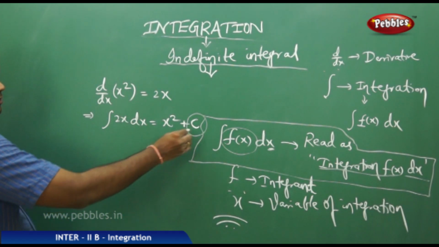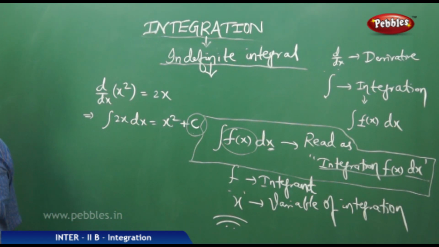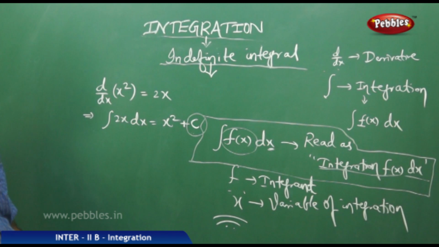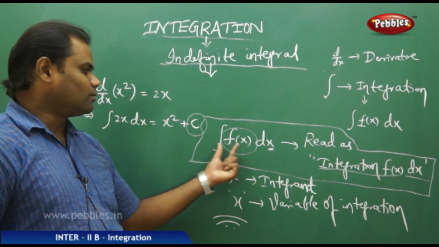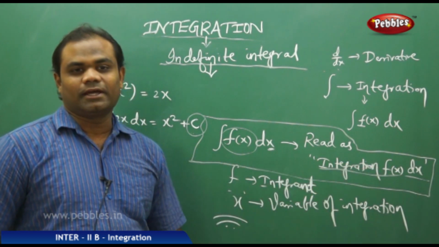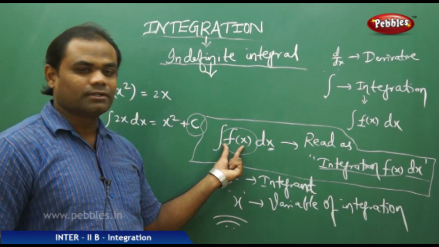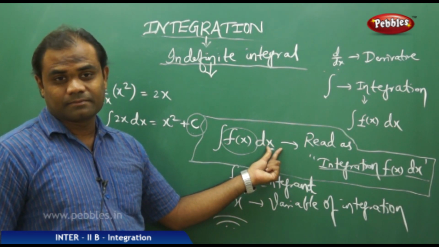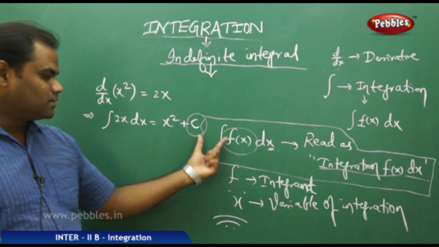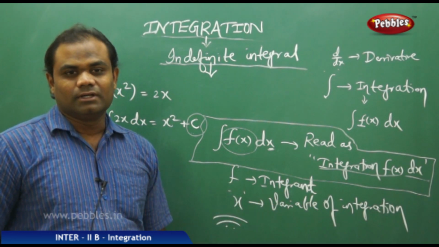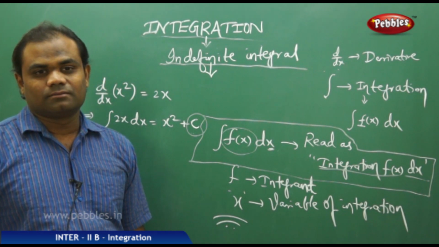Here c is called the constant of integration. So therefore, indefinite integral is denoted by integral of f of x dx, read as integration f of x dx, where f of x is the function which is being integrated with respect to the variable x, f is the integrand, and x is the variable of integration.